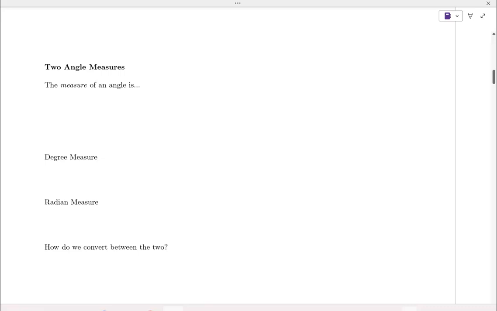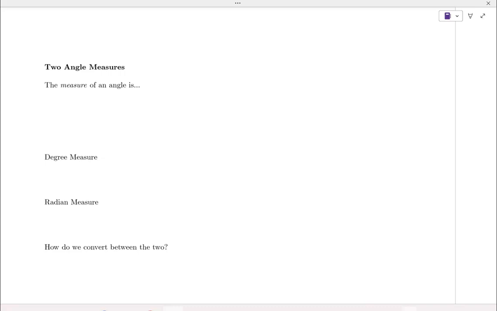All right, let's talk about how we get measures. There are two big ones that we'll talk about, and they're listed here on your page. There are others. In particular, if you do engineering, there's a third one called gradient. But all we mean by a measure of an angle is that we're trying to measure how much rotation there is.